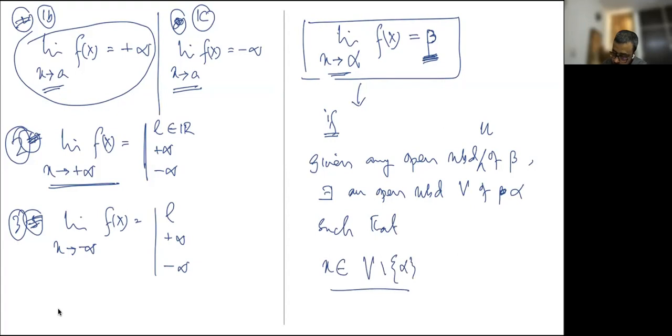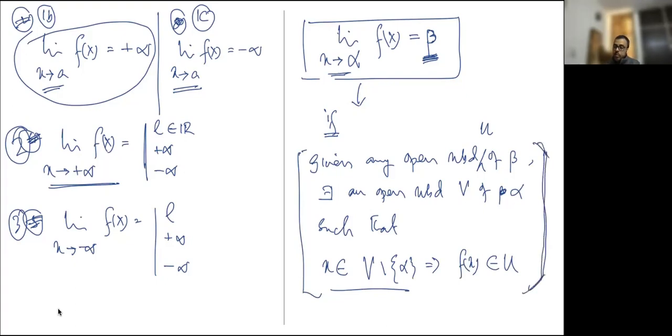So this should imply f(x) belongs to U. So if you look at the first case, which we have defined, this is exactly the definition. There we have done it in terms of epsilon, delta, etc. But what it says is this: given any open neighborhood U of beta, there is, and if you think of the diagram, then also it would be clear.